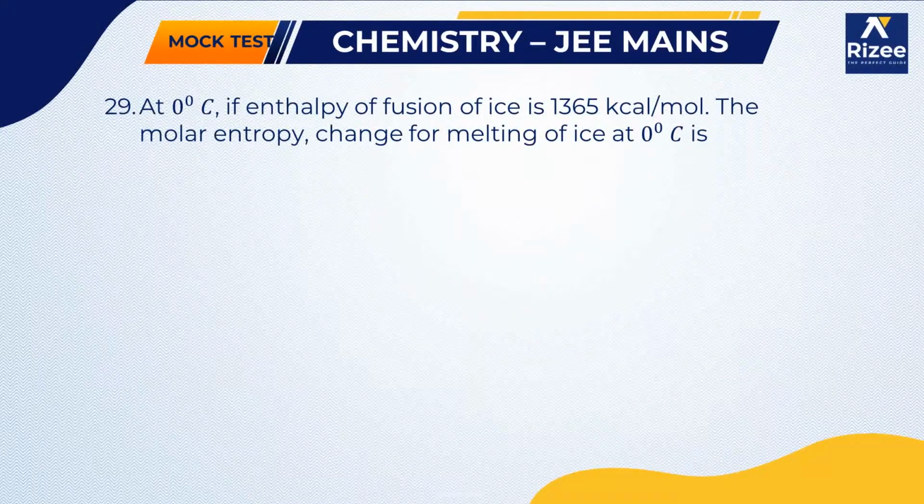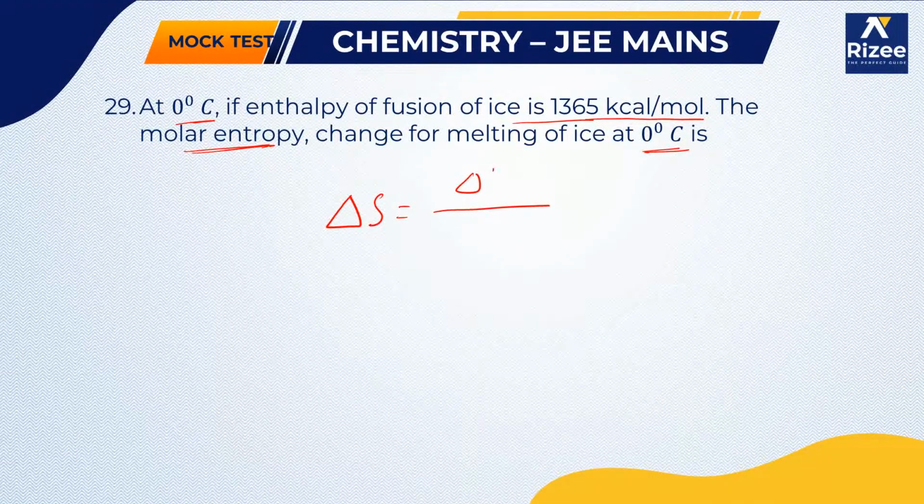Okay. Next, at 0 degree centigrade, if the enthalpy of fusion of ice is 1365 kilocalories per mole, the molar entropy change for melting of ice at 0 degree centigrade is asked. So what is the formula of molar entropy here? We can write delta S is equal to delta H of fusion by temperature.